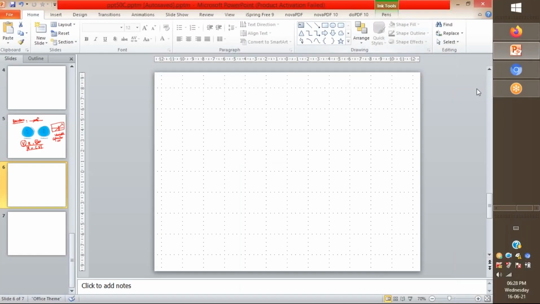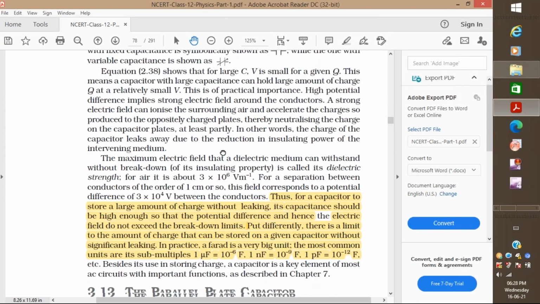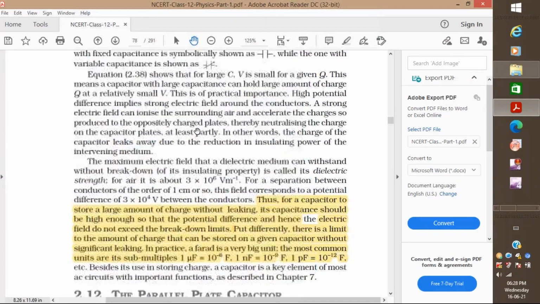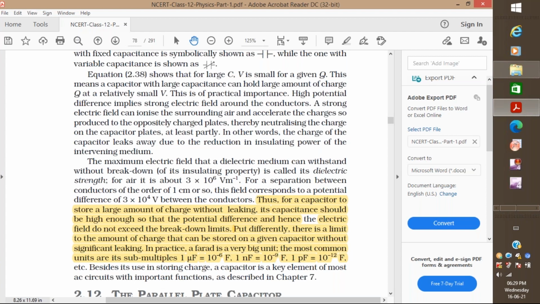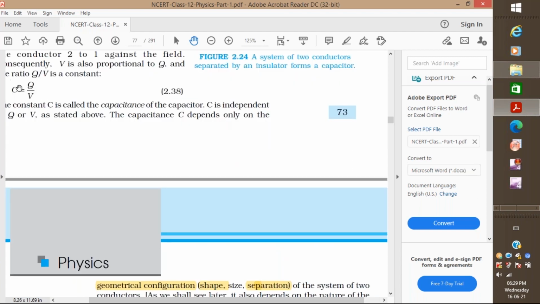Now this portion is very important. We have to remember. I'll tell you one thing: there is something called dielectric breakdown. I have told you that when you have two conductors separated by an insulating material, that insulating material is the dielectric. Now in this equation 2.38, C is equal to Q by V. What does this mean?